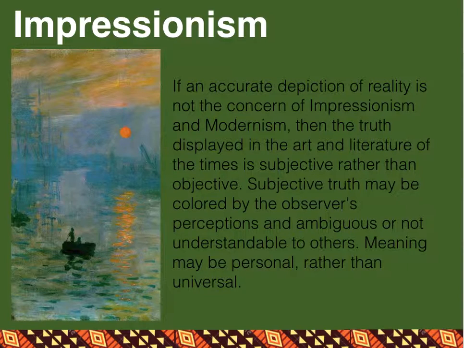It's after modernism that we try to depict reality as it is experienced by the viewer, one person. Subjective truth may be colored by the observer's perceptions and ambiguous or not understandable to others. We have to be happy or comfortable with the idea that things may not fit in a nice, neat little box.